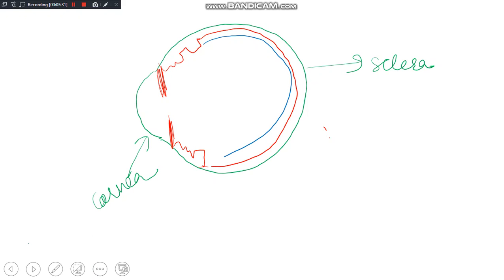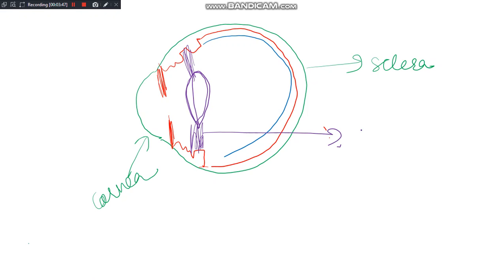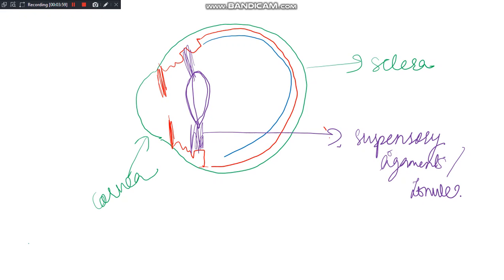Now one more structure over here in the middle is your lens. A very important component of the eyeball, which is suspended to the ciliary body by ligaments. These ligaments are known as suspensory ligaments or zonules.